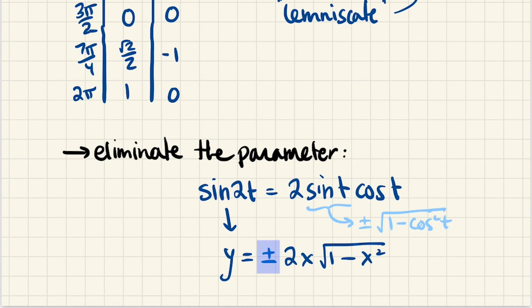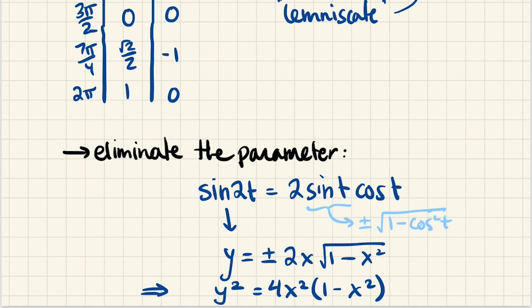So it's this plus or minus here that's creating the breach in the vertical line test. We can resolve this somewhat and have a satisfactory Cartesian equation if we just squared both sides. So we get y squared is equal to 4x squared times 1 minus x squared.